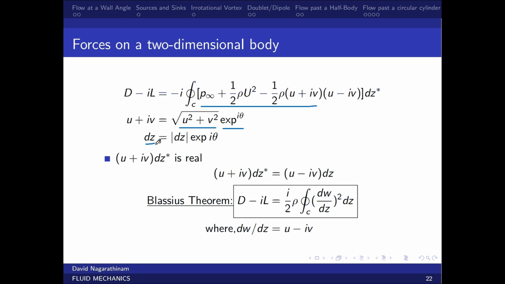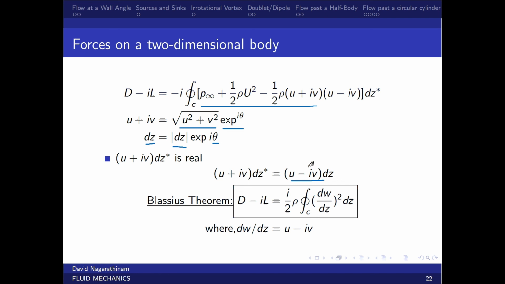Now the element dz has a magnitude, modulus of dz, and theta is the orientation of the element we are interested in. Now essentially it is to be noted that u minus iv times dz star is real valued, and it can be shown that u plus iv times dz star is going to be equal to u minus iv times dz.